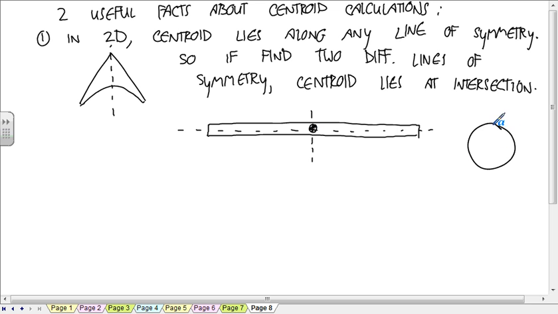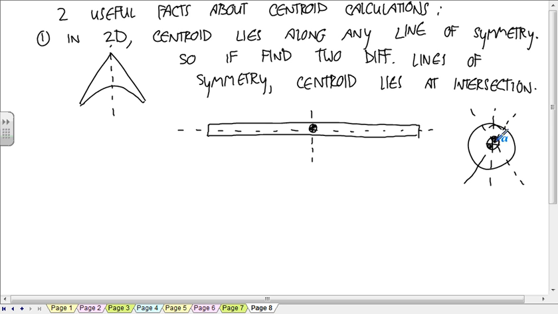A circle has infinitely many lines of symmetry, and they all intersect at the same place in the center. In 3D, it's similar. You don't deal with lines of symmetry in 3D, you deal with planes of symmetry.